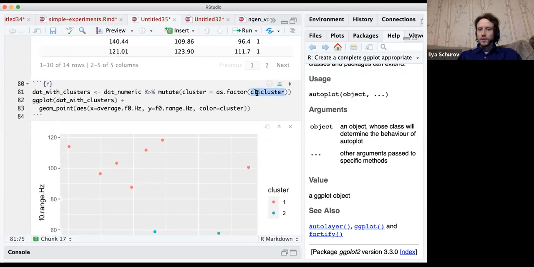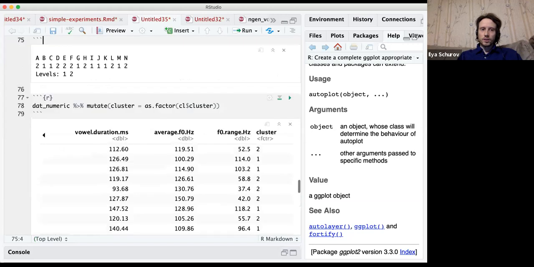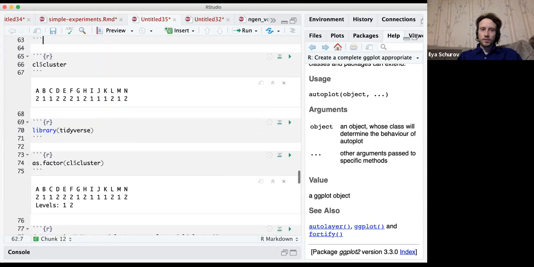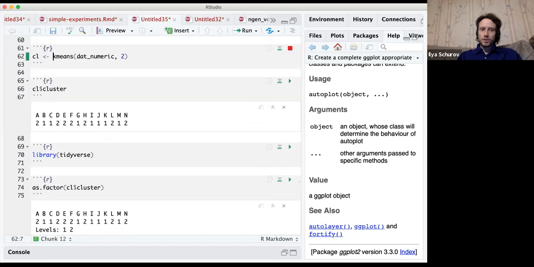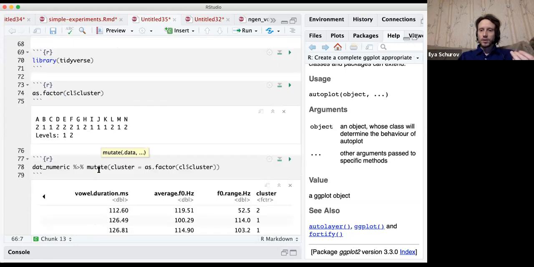So this CL object in this example is a result of k-means clustering, and k-means clustering gives you this clusterization. But if you use hierarchical clustering, it doesn't give you clusterization automatically because it gives you a hierarchy of different levels.